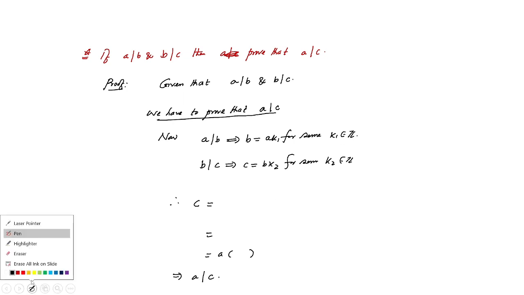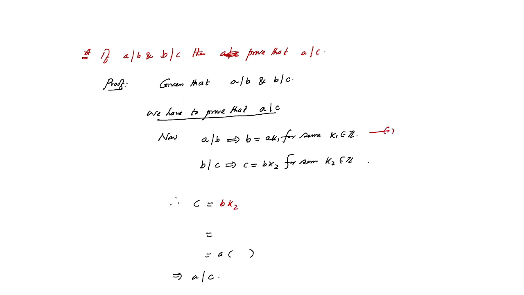So what is exactly c here? c means b k2. That is equation 1 and this is equation 2. Now in place of b put the value of b, a k1. So c = a k1 k2.